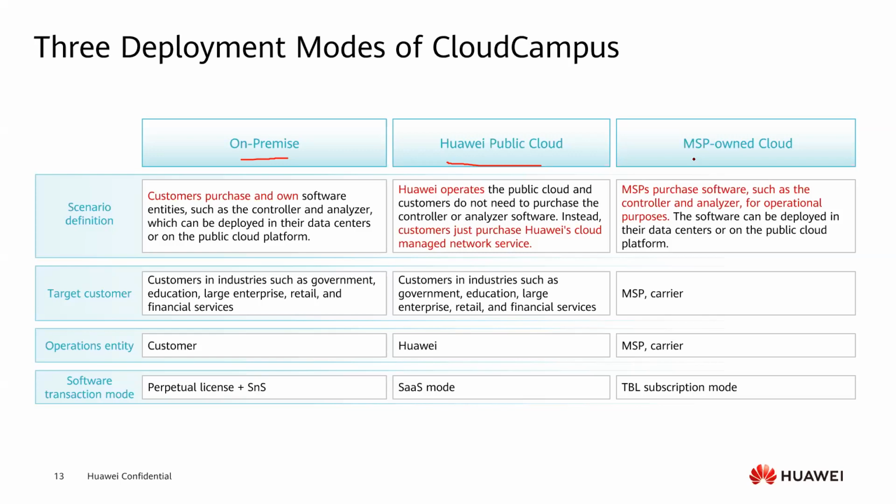And finally is the MSP. The MSP buys and establishes the cloud campus solution based on the controller and analyzer, and it will provide the service for you. You can buy the service from the MSP.